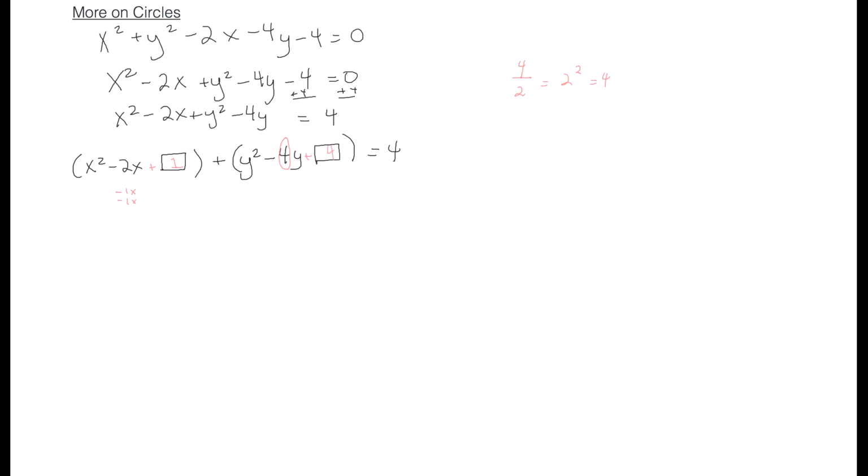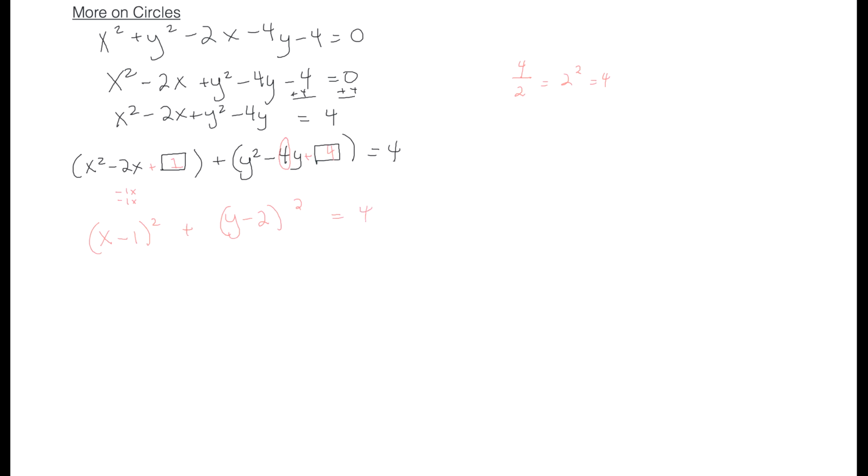Now I have x minus 1 squared plus y minus 2 squared equals 4.